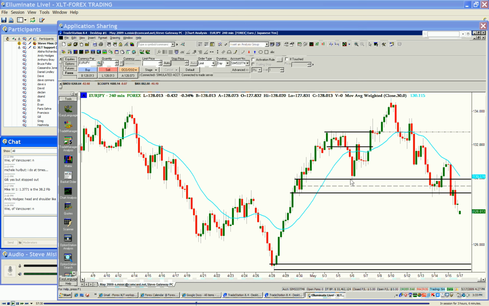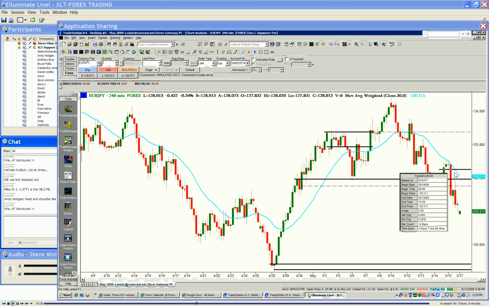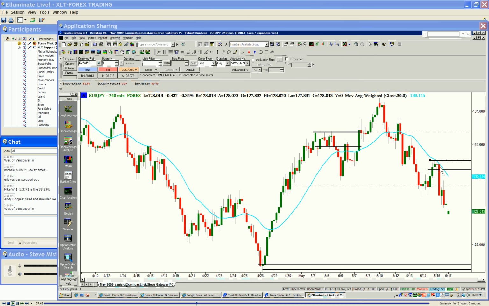And the 240 chart here, there was your first test, which produced a nice little move. And then, of course, second time back, no buyers. So now you've got a supply level right above here. And really nothing, no basing at all to stop us from dropping until we get quite a bit lower. Okay.